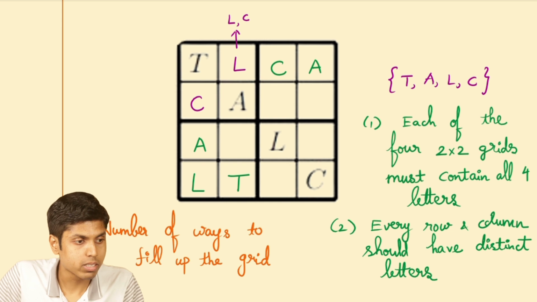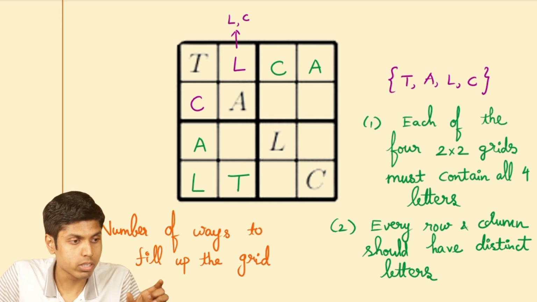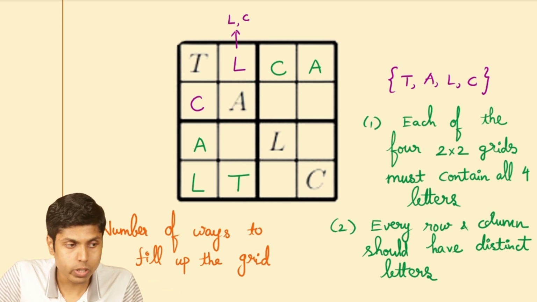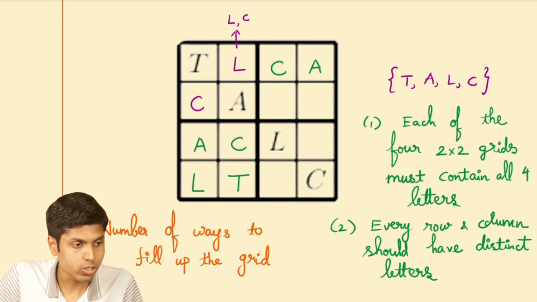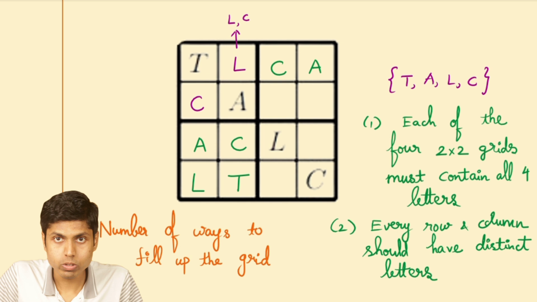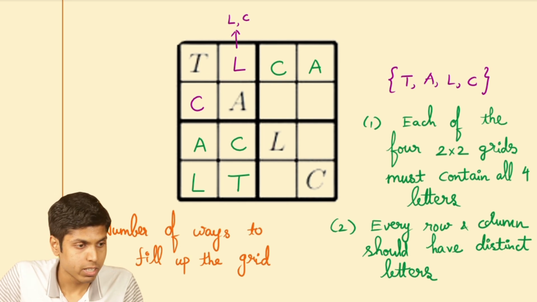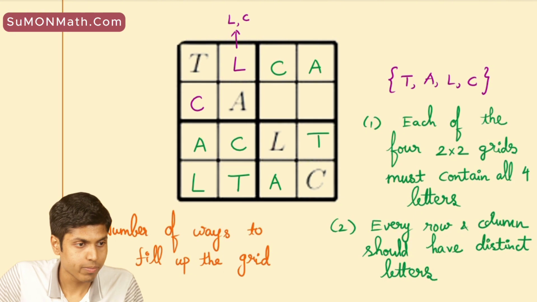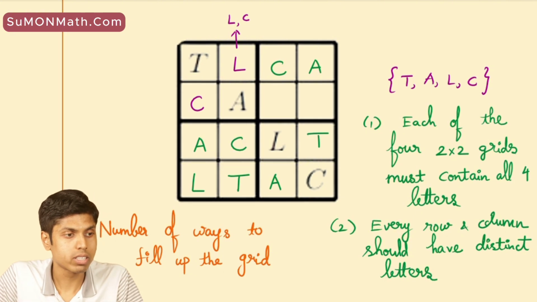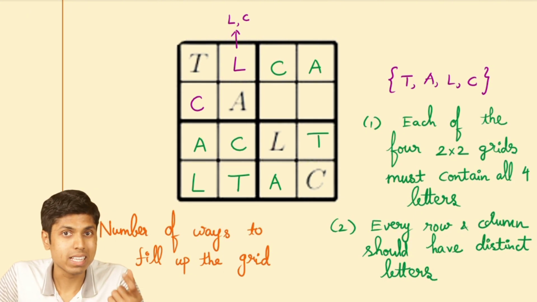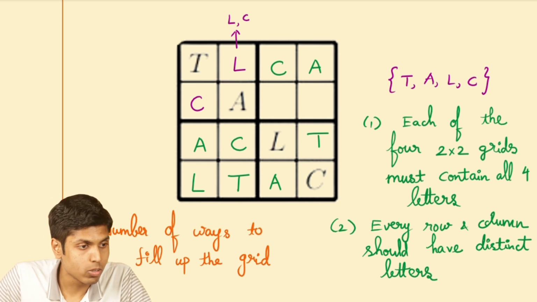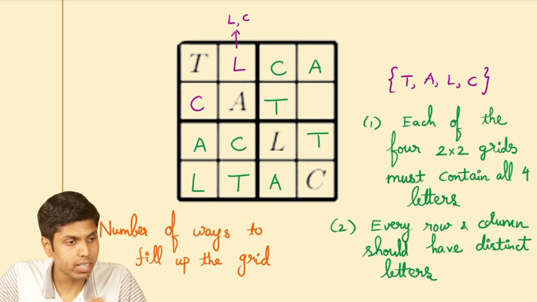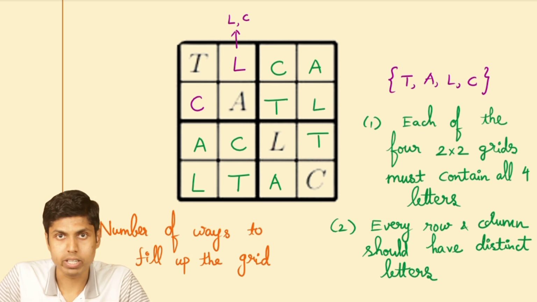This implies the last element of the bottom left 2x2 grid to be C. Okay, so now the last 2 rows can be completely filled, which makes us have A here and T here, and we are only left with 2 columns with exactly 1 empty cell each. So we can easily identify the missing letter, which will be T and L respectively.